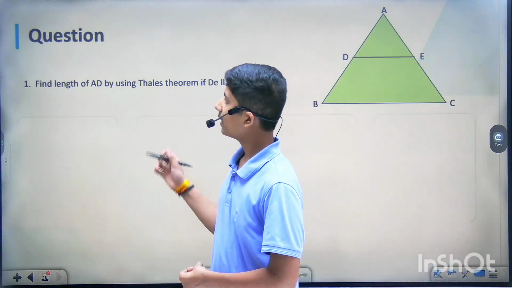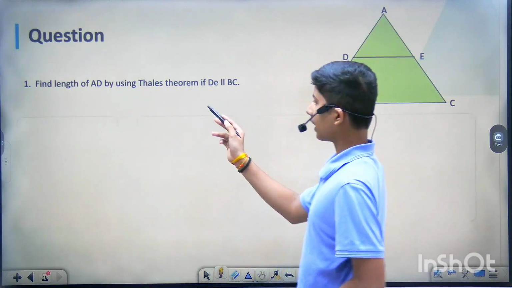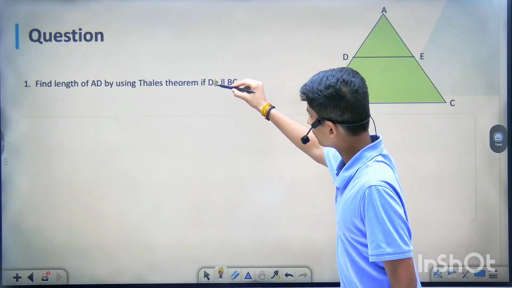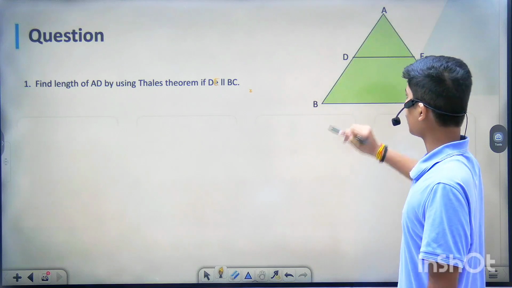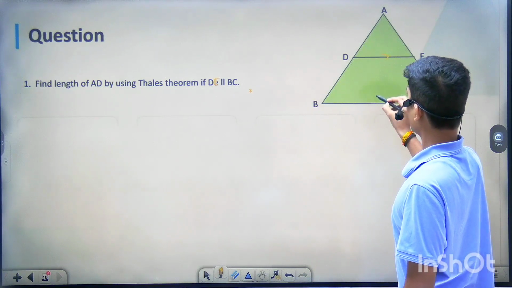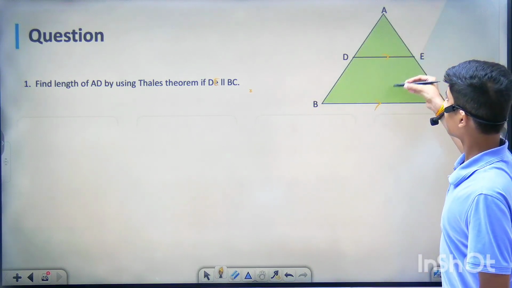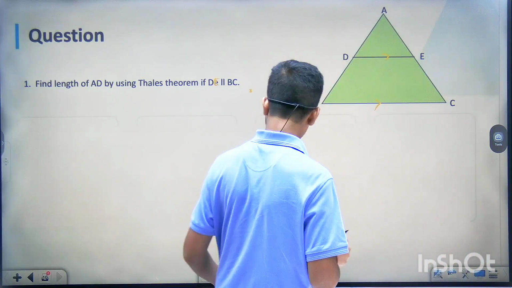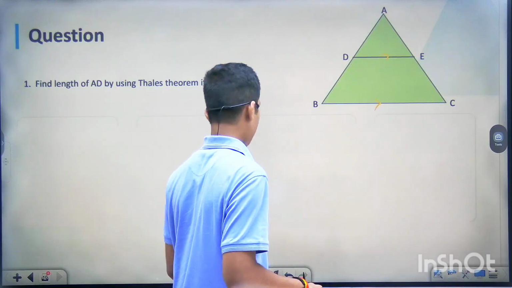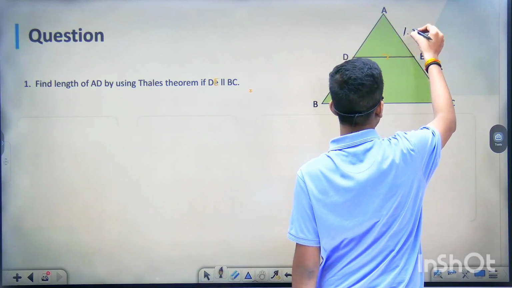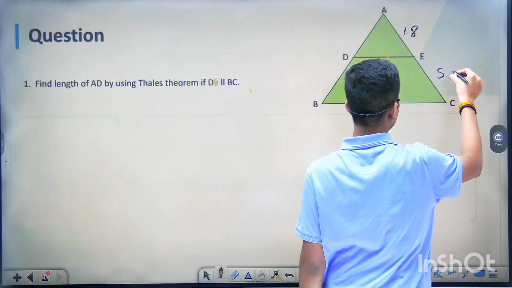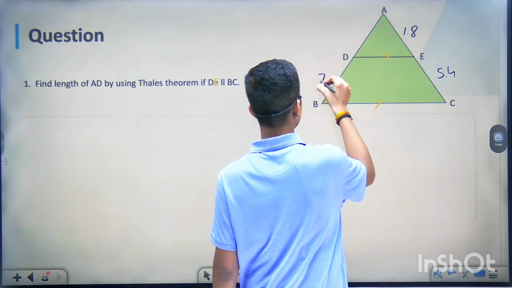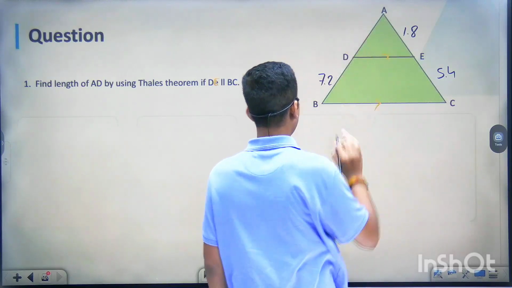Let's start. Here our question is: find the length of AD by using Thales theorem. If DE is parallel to BC, and here we have to find the length of AD. See, the measurements, I remember the measurements. This is 1.8, this is 5.4, sorry, 4, 7.2, and AD we don't know.